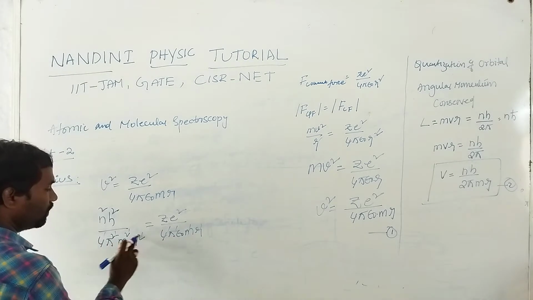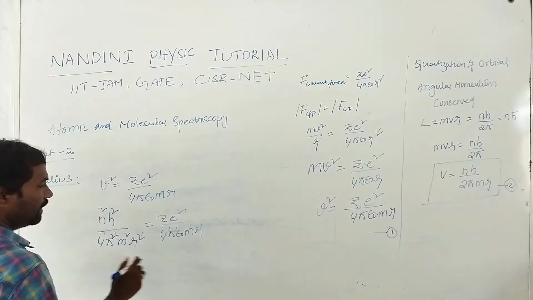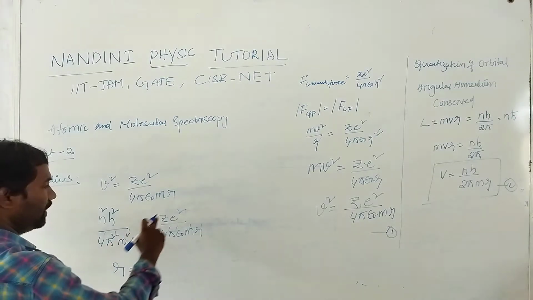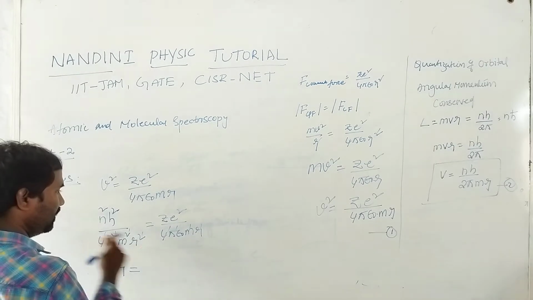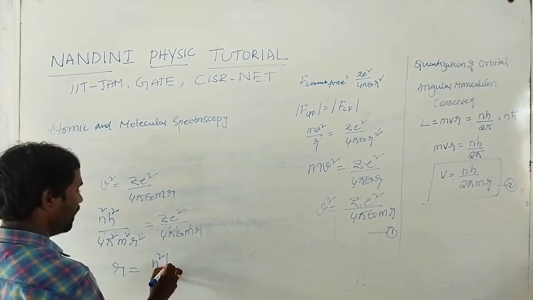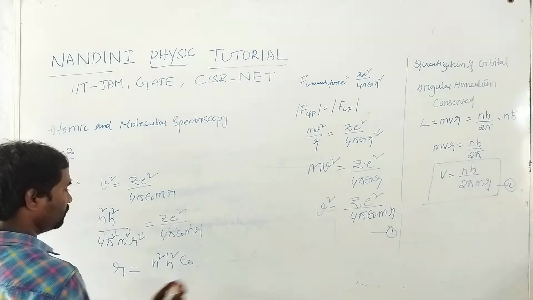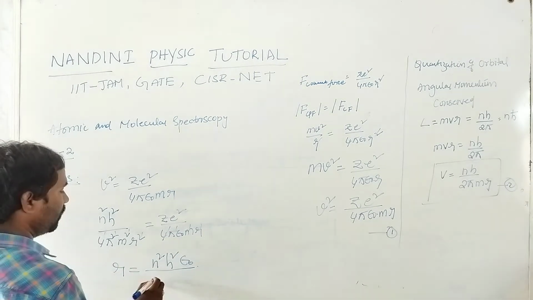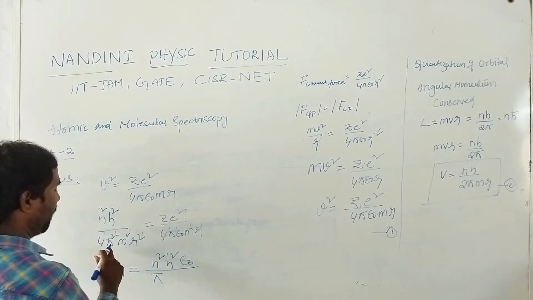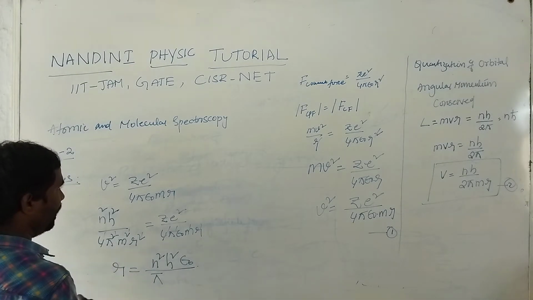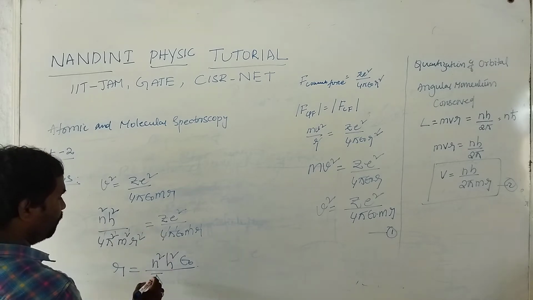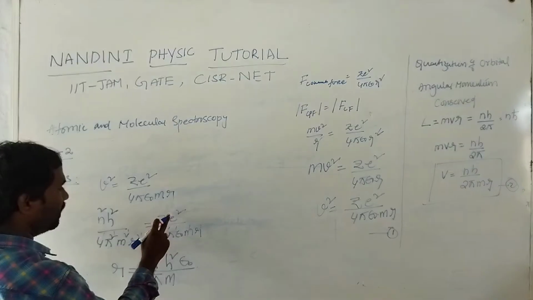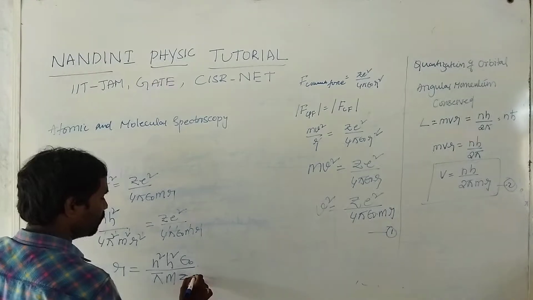Finally, I want the radius, so just cross multiplying, r is equal to n square h square epsilon naught divided by pi m z e square.